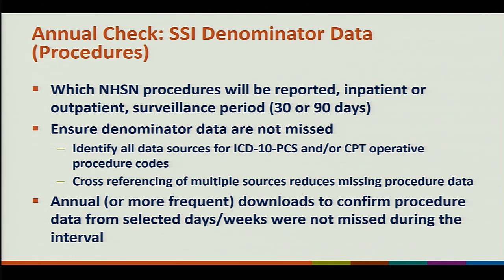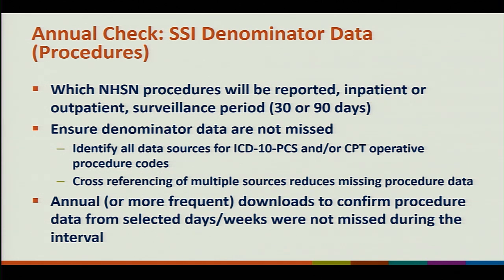So I just heard from an IP from a facility that had an electronic system that uploaded the procedure data into NHSN, and the facility had never validated that the data that was uploaded was accurate. And 1 month, the IP went in to enter an SSI and wasn't able to link it to the procedure because the procedure wasn't in the system.